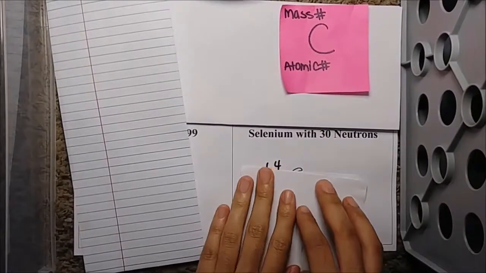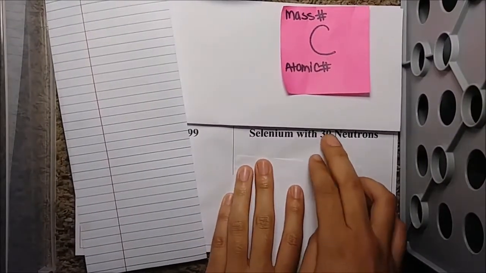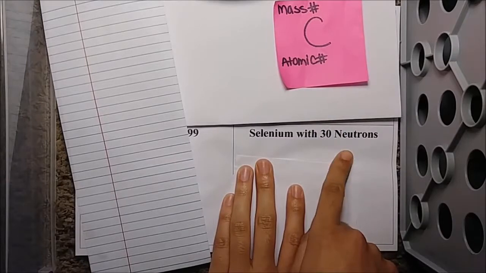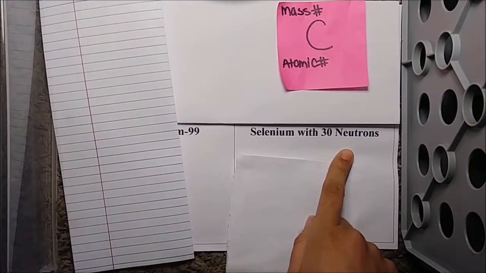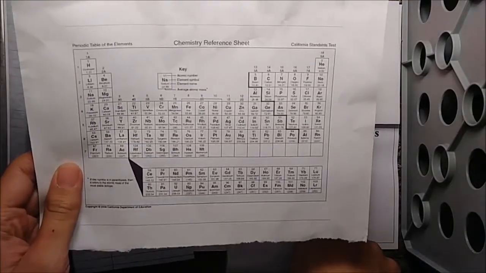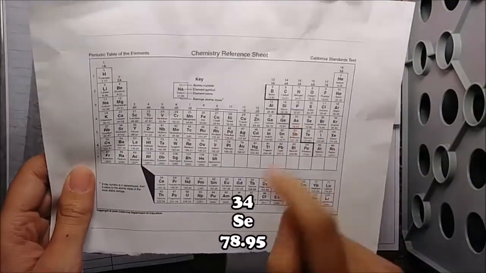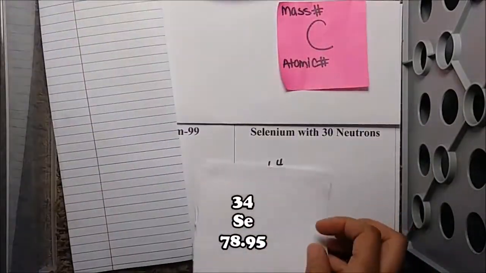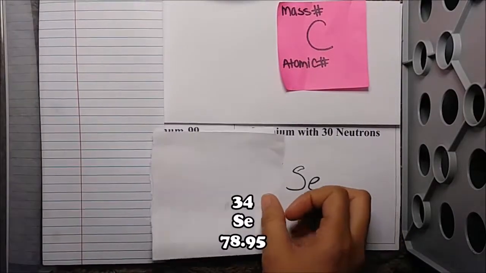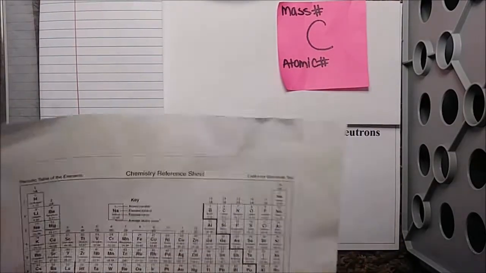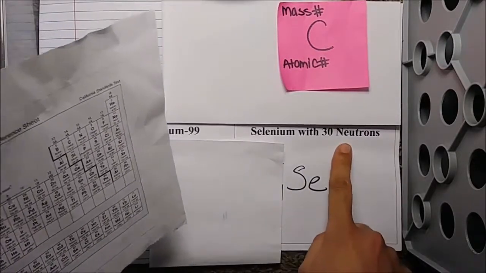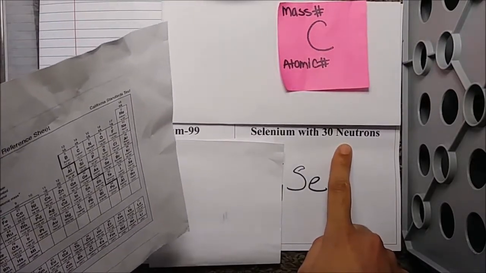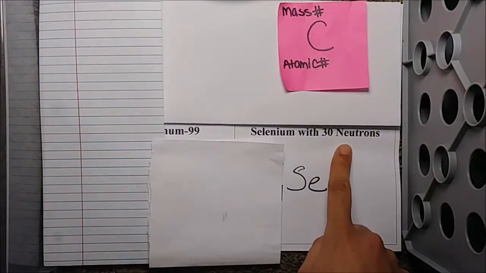It was pretty easy. Last but not least, given selenium with 30 neutrons, the first thing I did was look at the periodic table and look for selenium, which was the number 34 right here, which is why I just wrote its element symbol right here, Se. The next thing that I did was, since I was given 30 neutrons, I had to figure out the number of protons selenium had.